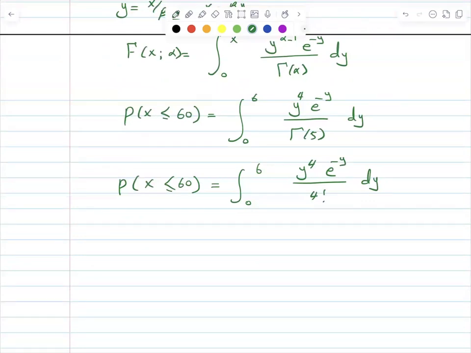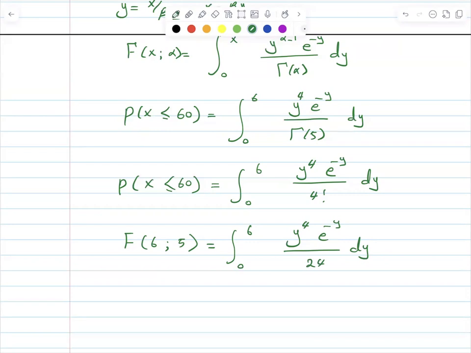Or you can write it this way: F of 6 and alpha 5 is equal to the integral 0 to 6 of y to power 4 e to power negative y divided by 24 dy.